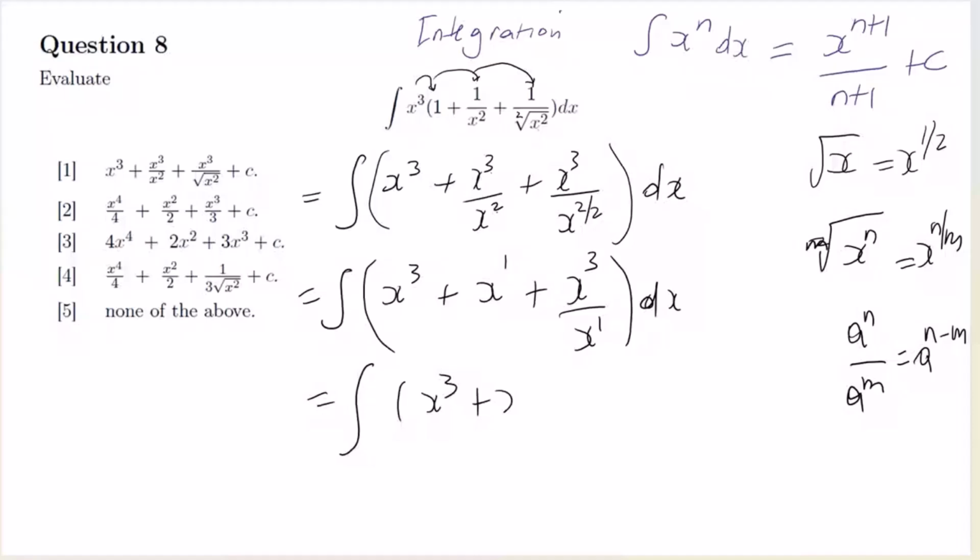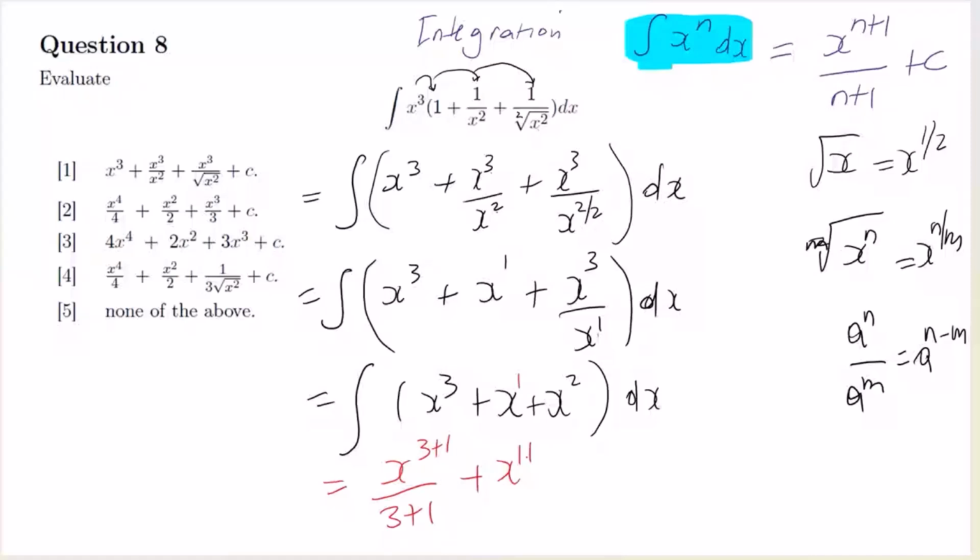Everything has been put in this form, so I can apply this law. Applying this law, I'm going to have 3 plus 1. Whatever is here must go here. Plus x to the 1, here 1 plus 1. Whatever is here must also go here. And this is equal to 2 plus 1.